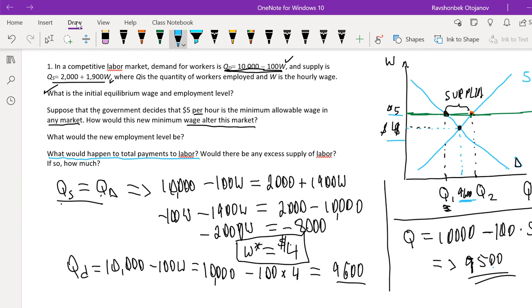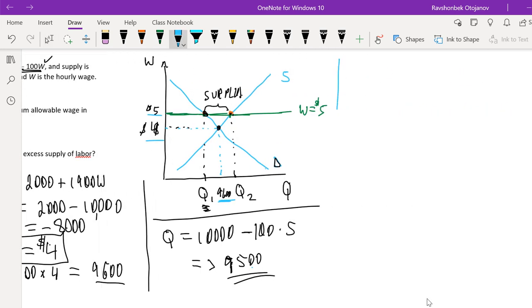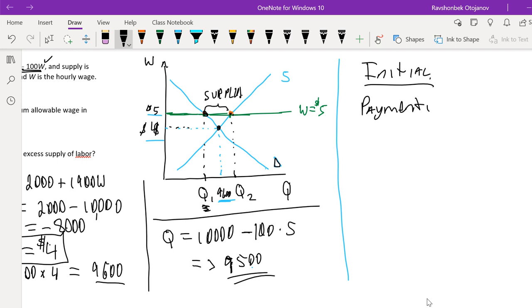Let me do this. I need space, so let me move this way. Payments to labor: initial payments, at the initial equilibrium. Payment 1 was $4 times how many were employed? 9,600, yeah?